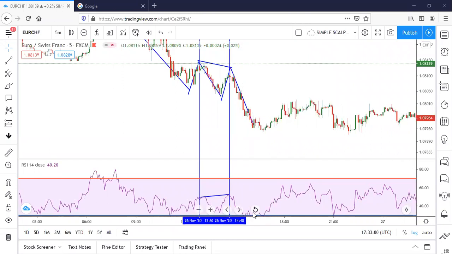I just want to confirm, is it applicable on gold and every other instrument? Anything that has a chart is applicable.